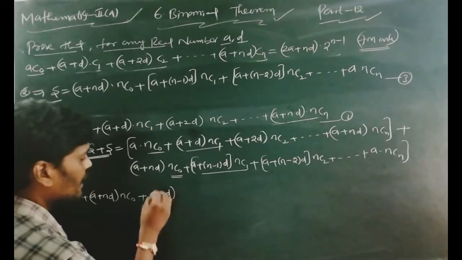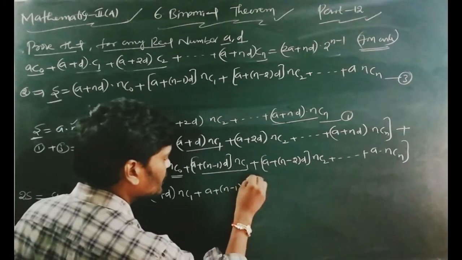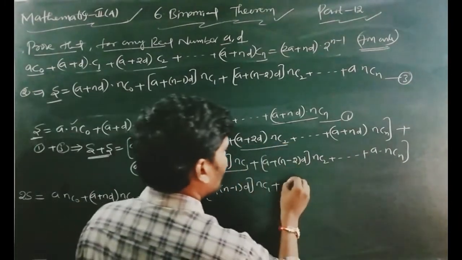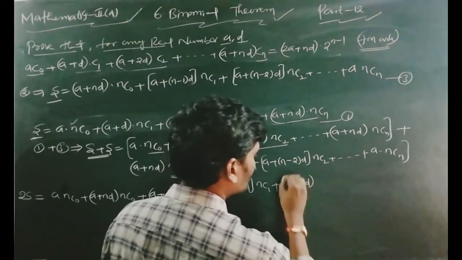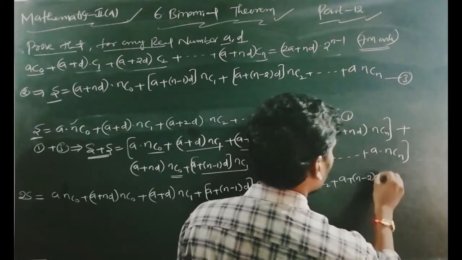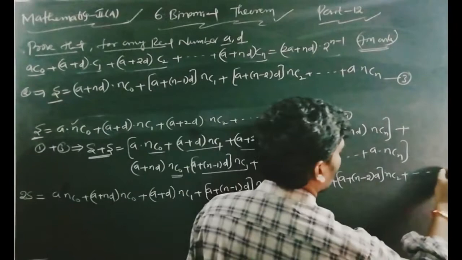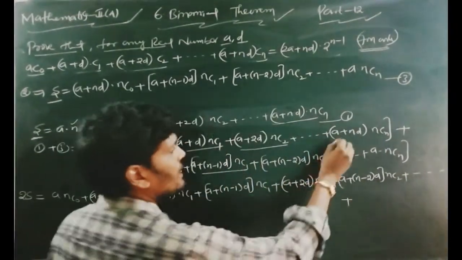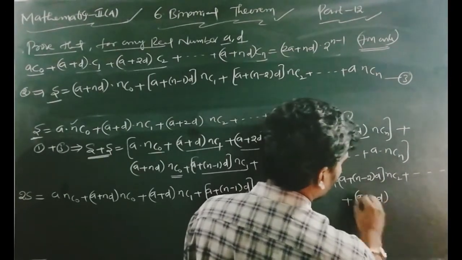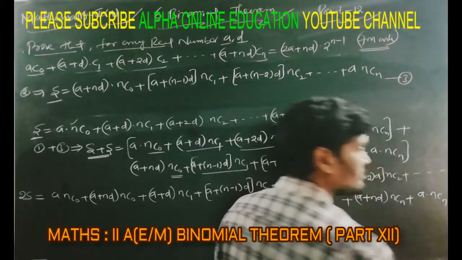You can write (a plus d) into nC1 plus (a plus (n minus 1) into d) into nC1, plus the next term (a plus 2d) into nC2 plus (a plus (n minus 2) into d) into nC2, plus and so on. Last term is what? (a plus nd) into nCn plus a into nCn.